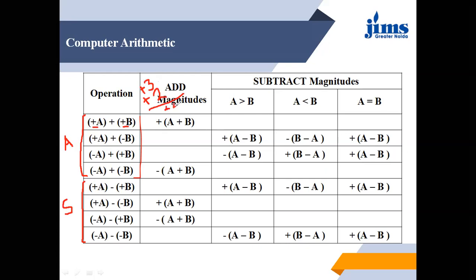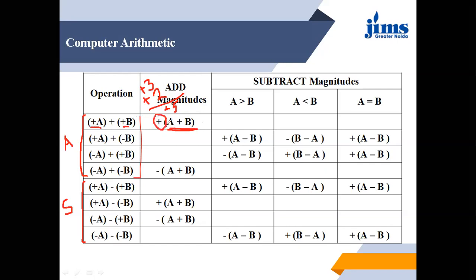So when we are adding two positive numbers, A plus B, the sign is plus.